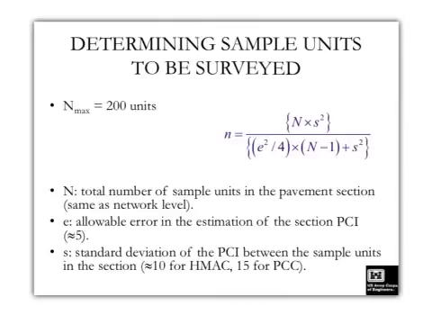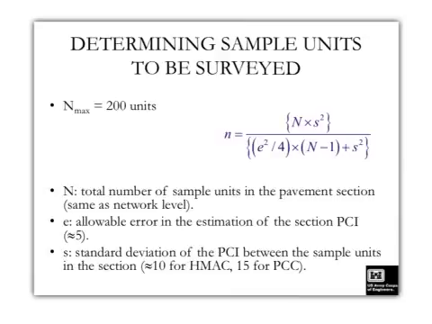So I need to know N, which is the number of units in that section, and I need to know e, which is the allowable error in the estimation of the section PCI, typically about 5. This is the allowable error. For example, if the PCI is measured equal to 60, I know it's going to be somewhere between 55 and 65.